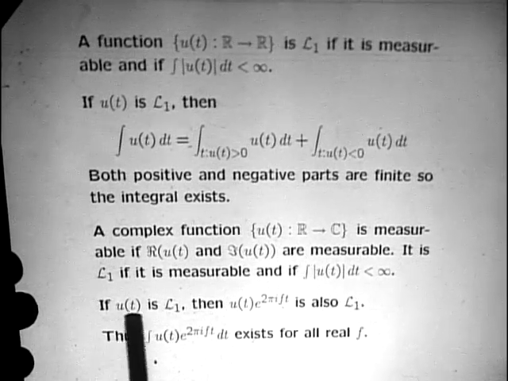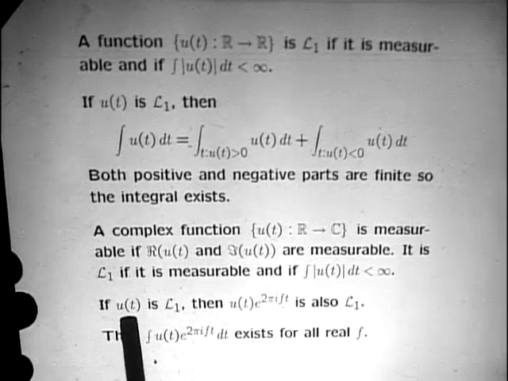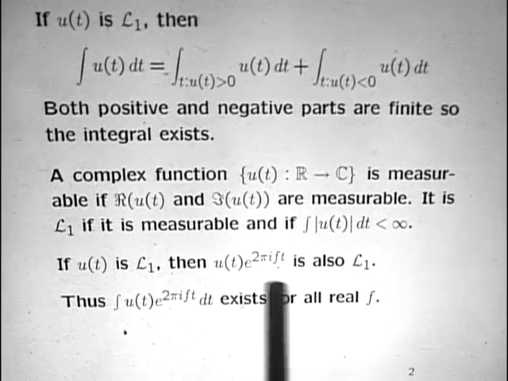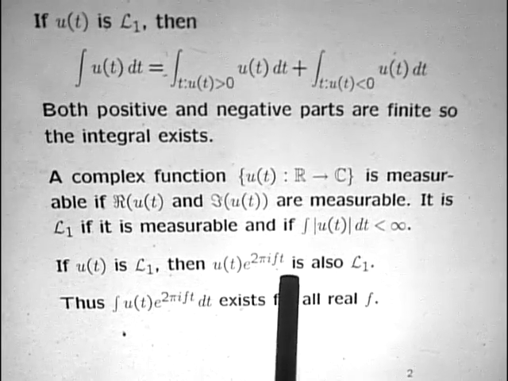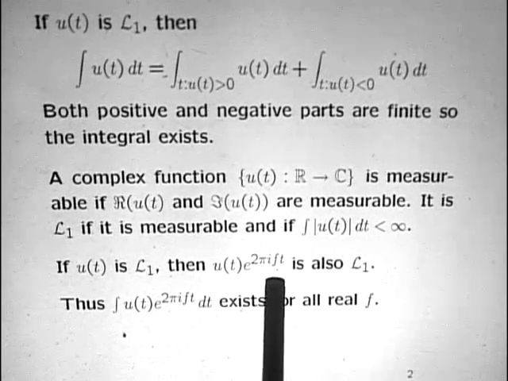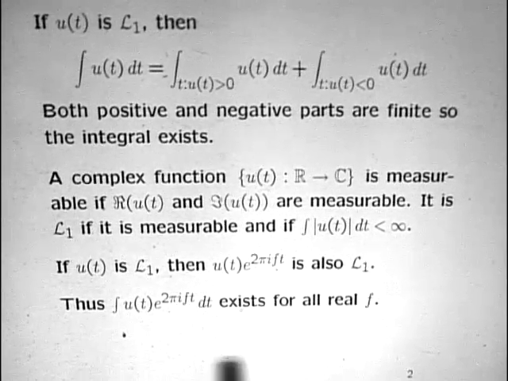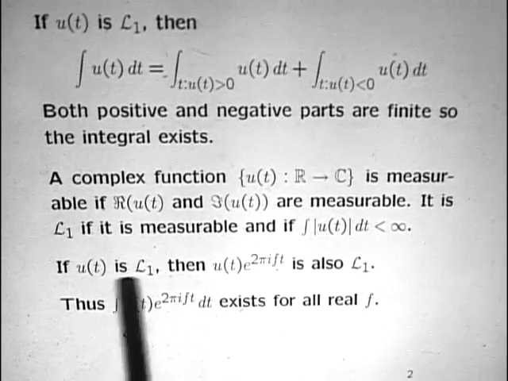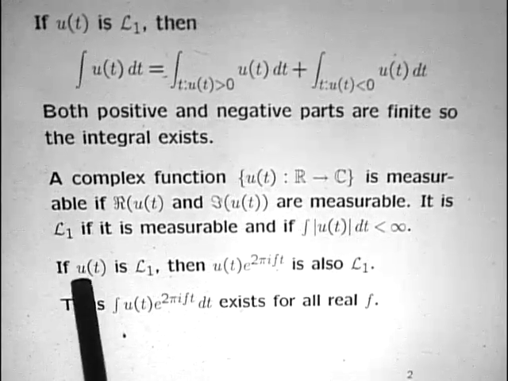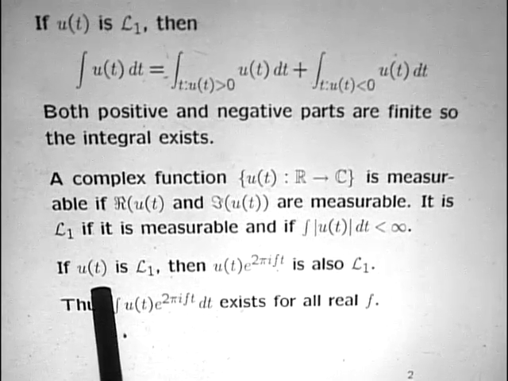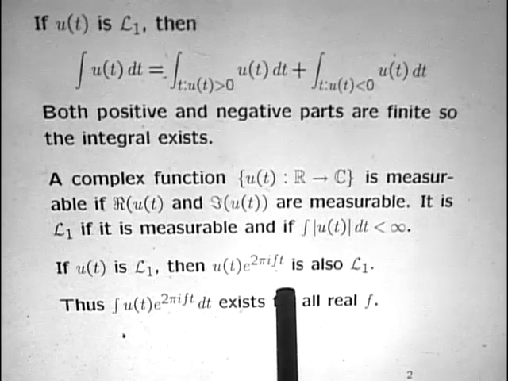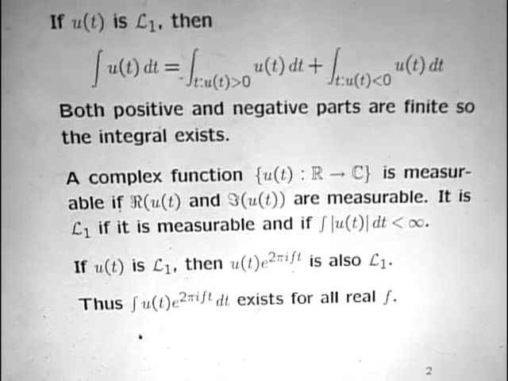Well, it's just that the absolute value of u of t for any given t is exactly the same as the absolute value of u of t times e to the 2 pi i ft. Namely, this is a quantity whose magnitude is always 1, and therefore this magnitude is equal to this magnitude. And therefore, when you integrate this magnitude, you get the same thing as when you integrate this magnitude. Okay? So there's no problem here.